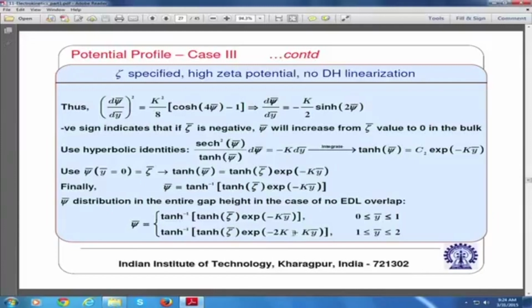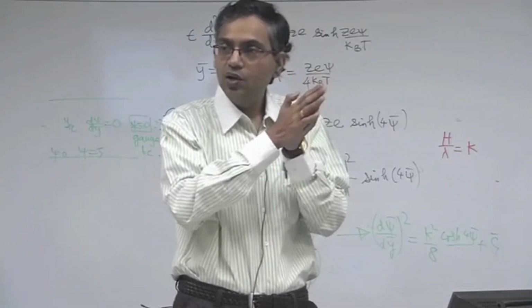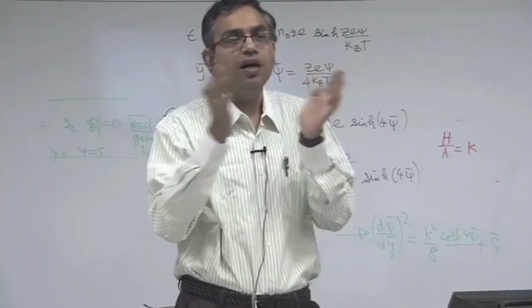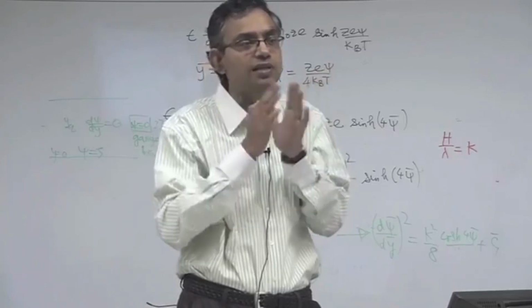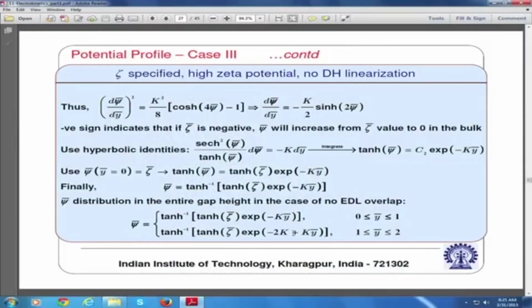So we are assuming that the bottom plate is influencing the electrical double layer phenomenon adjacent to it, and the top plate is influencing the electrical double layer phenomenon adjacent to that. So we are assuming that there is no electrical double layer overlap, otherwise both plates would influence both electrical double layers, and that is one of the assumptions behind the derivation of this equation.